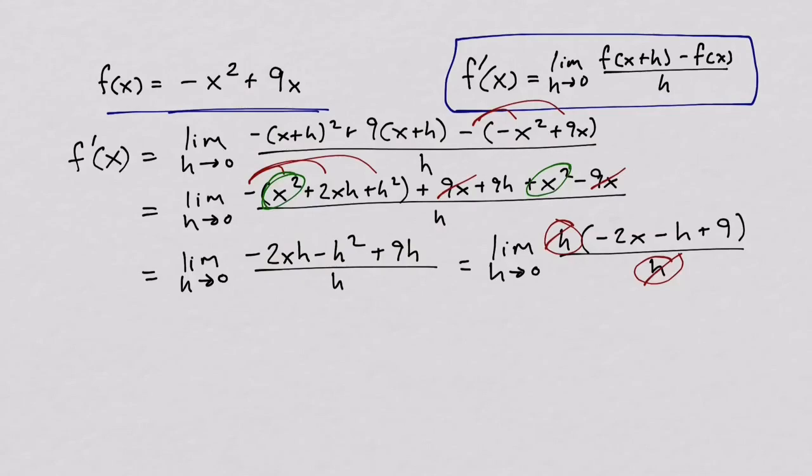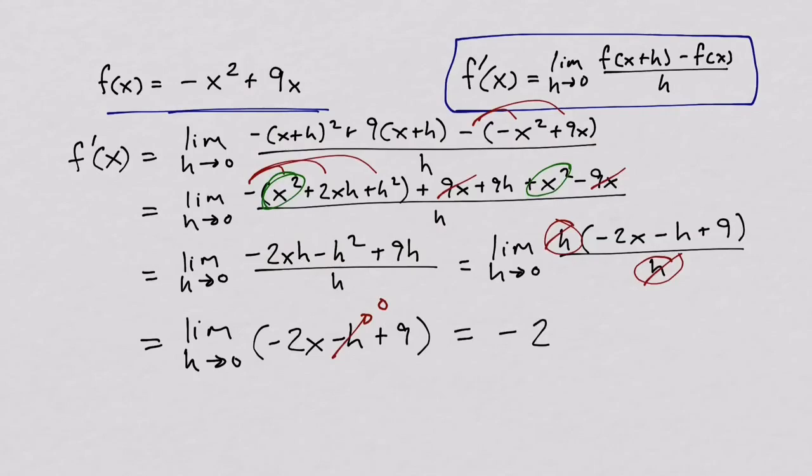And this puts us in a position to be able to actually then evaluate the limit. So let me write this out a little bit more clearly first. I can write this as the limit as h goes to 0 of negative 2x minus h plus 9. But now I can send h to 0 as the limit is telling us to do, and what's left is negative 2x plus 9.